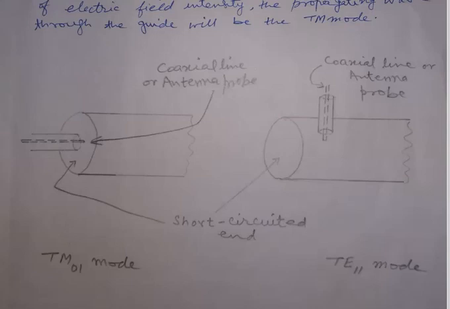For the excitation of TE11 wave, the probe is inserted in the side of the circular surface, while for the TM01 wave, the probe or coaxial line is inserted in the side wall of the waveguide.